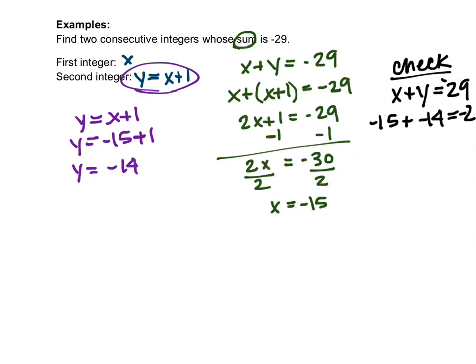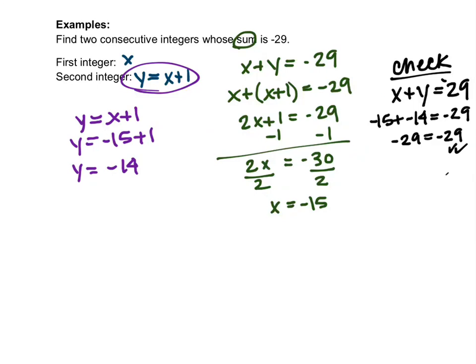Does this in fact equal negative 29? I'm running a little out of room, so I'm going to reevaluate where I am. Let's do it this way. There, we can fit it all in that direction. And so if I put this into my calculator, I can always double check it that way, and I do find that negative 29 is the sum of negative 15 and negative 14. So we've checked our solutions.